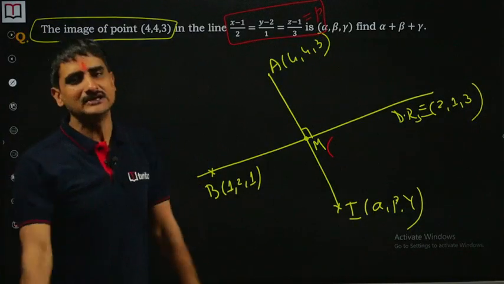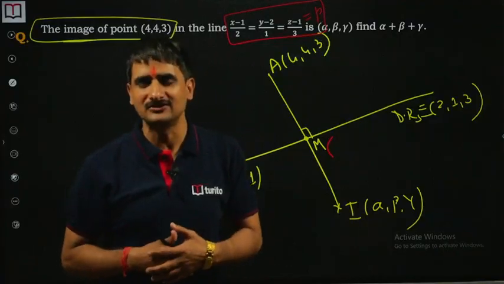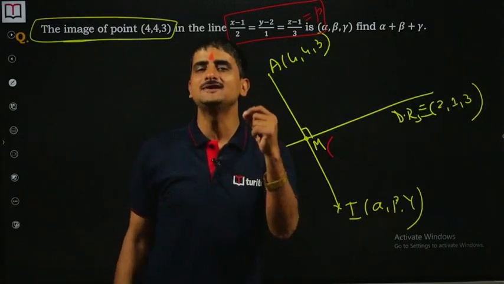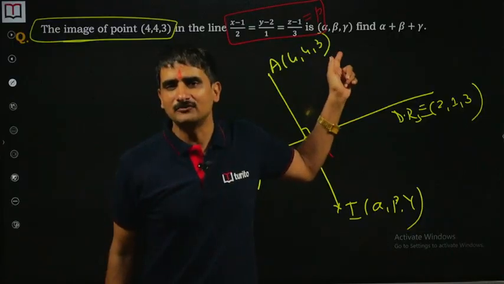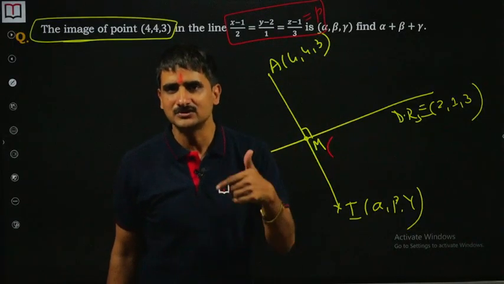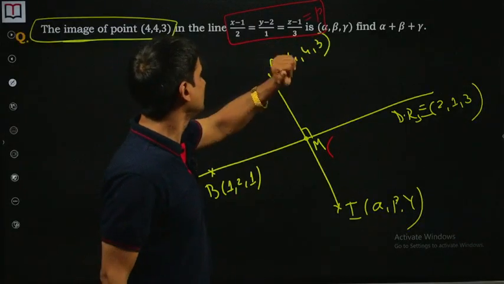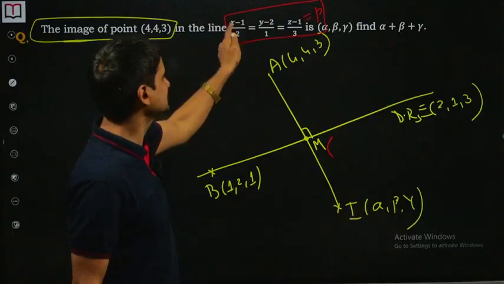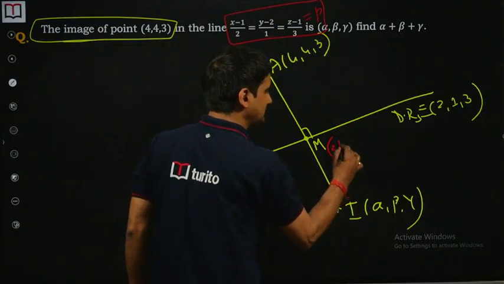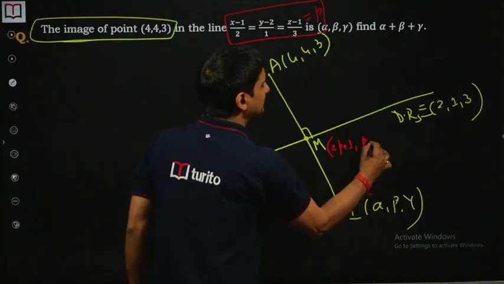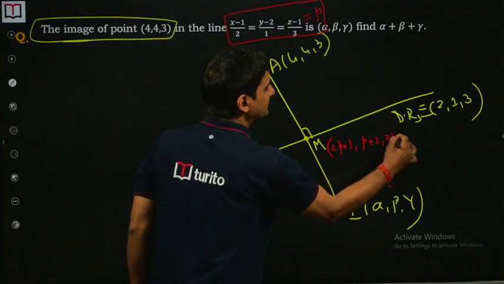The most important application, or what I say is the only way of using this form of equation of line in 3D, is to assume a point on that line. So if we need any point on this line, we need x, y, z. So x is 2p plus 1, similarly p plus 2 for y, and 3p plus 1 for z.